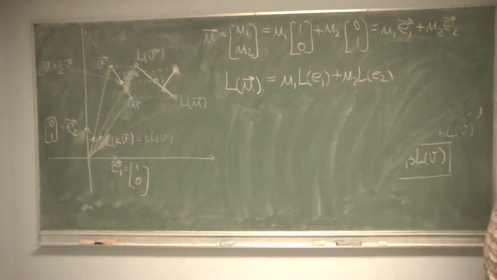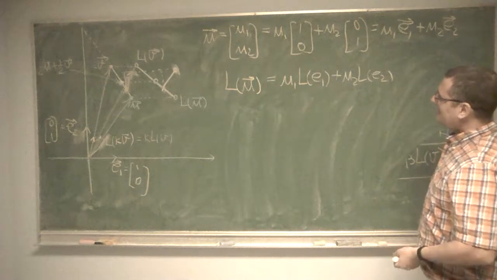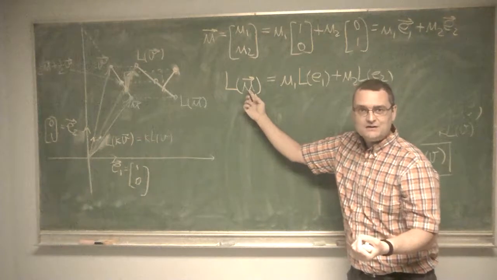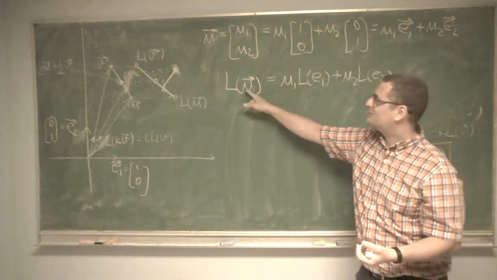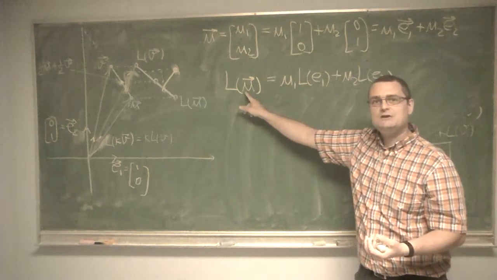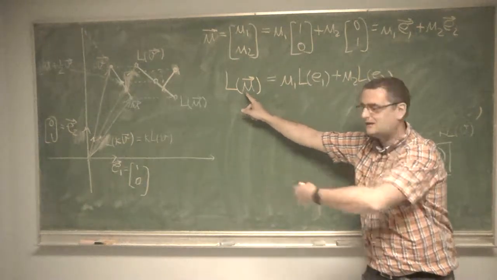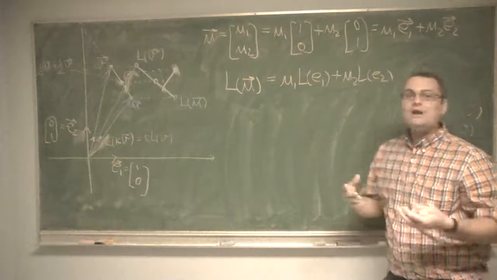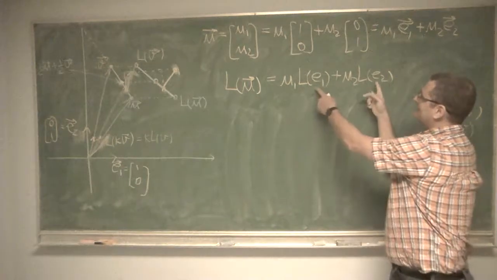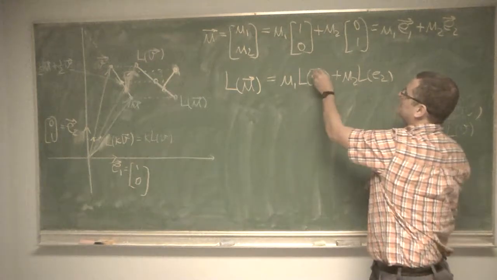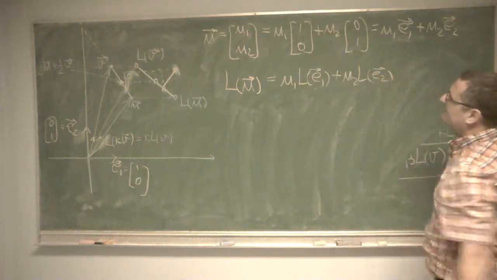So in the previous story, you see that if you give me a vector U, in order for me to tell you where its image is under that transformation, where does L of U land, all I need to know is the images of E1 and E2 under that transformation, okay?